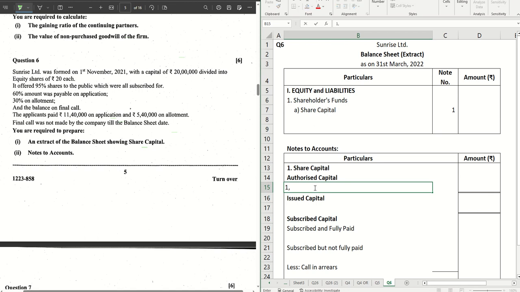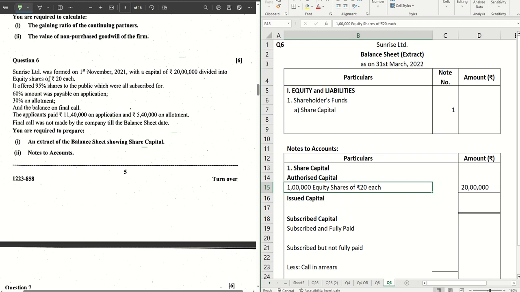We write 1 lakh equity shares of rupees 20 each. That gives us 20 lakhs. Double line after that, that's not used for further calculation. This is only for information purpose.